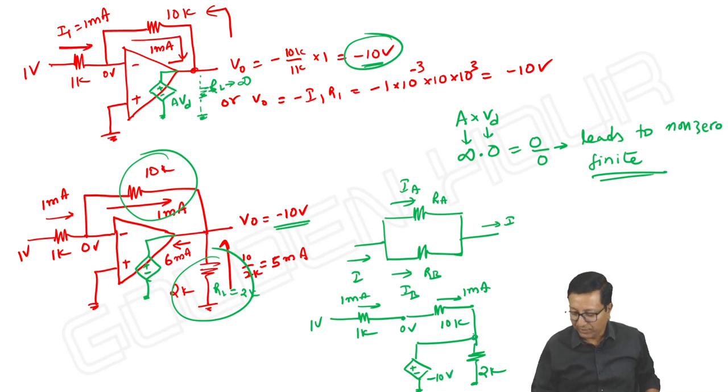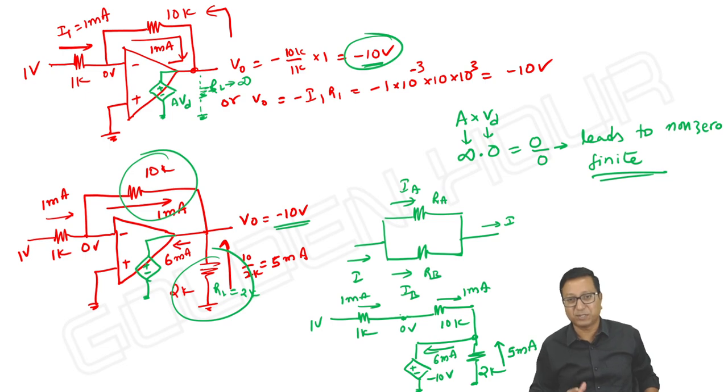That is the idea here. So in this direction, some 5 milliamperes is coming and both are joining together and it is 6 milliampere. As it is 0 volts, physically it is not connected. Right here, the voltage at this point is 0. That is the speciality of the op-amp.